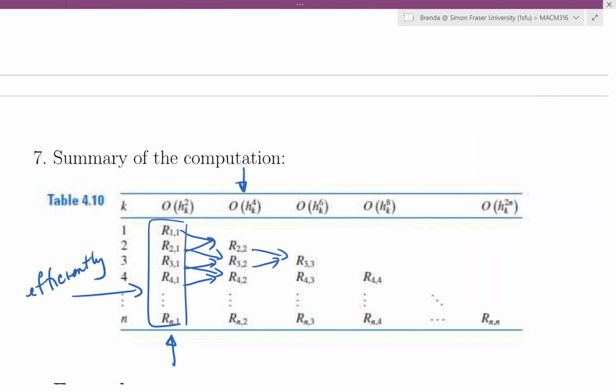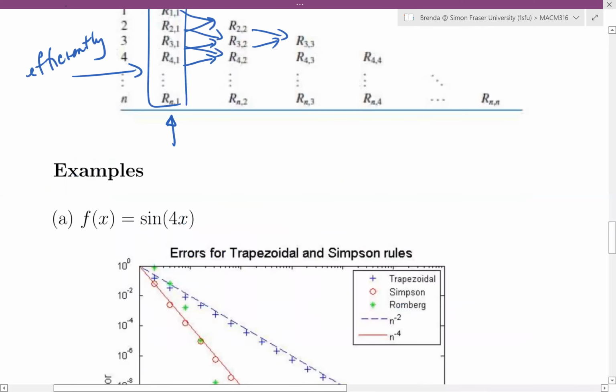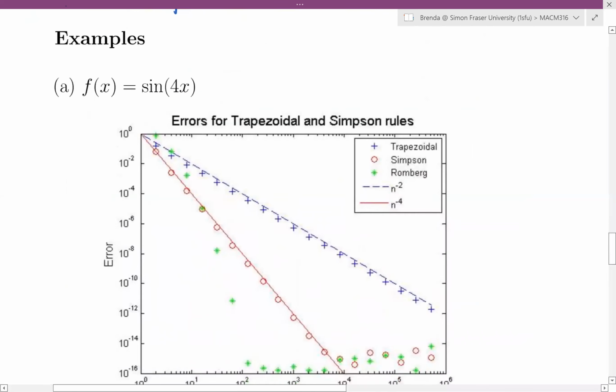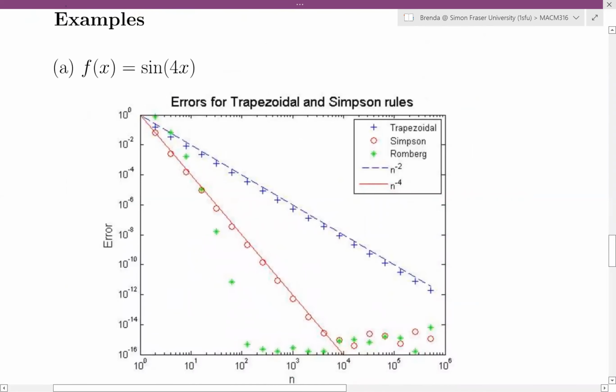It goes from O(H squared) to O(H to the 4) to O(H to the 6), etc. So it's much more efficient. Okay, so that's the idea. So let's check this out.